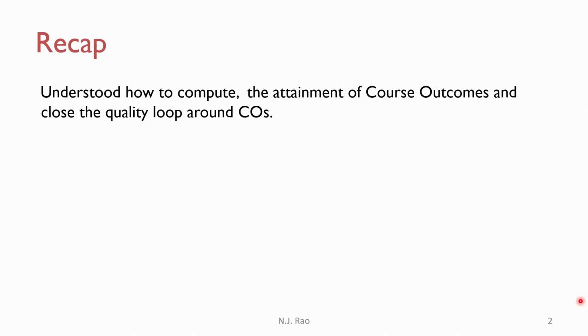Module 1 unit 20, which is related to attainment of program outcomes and program specific outcomes. In the earlier unit we understood how to compute the attainment of course outcomes and close the quality loop around the COs, and that is a prerequisite to move towards computing the attainment of program outcomes and program specific outcomes.